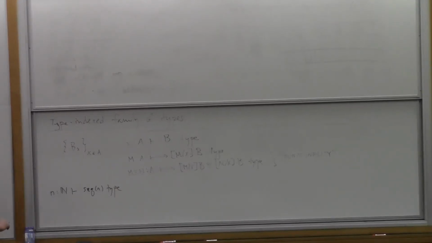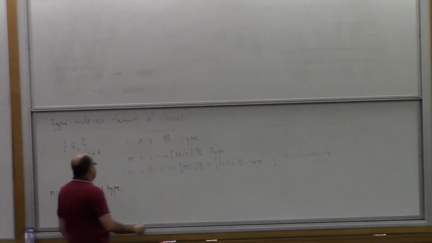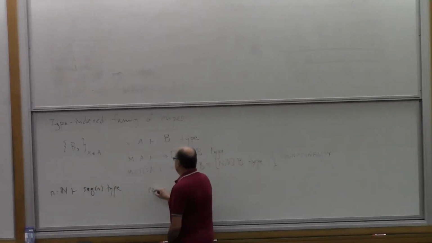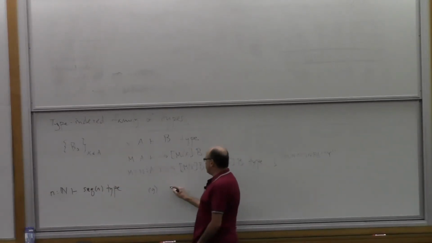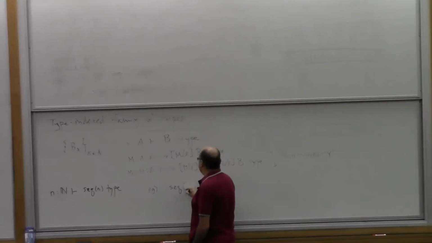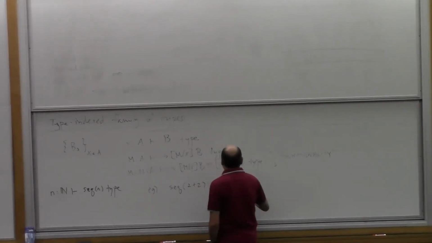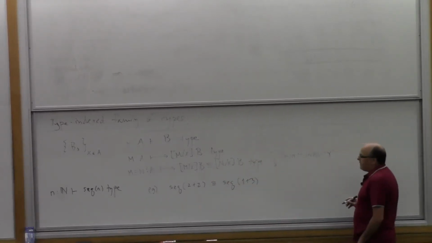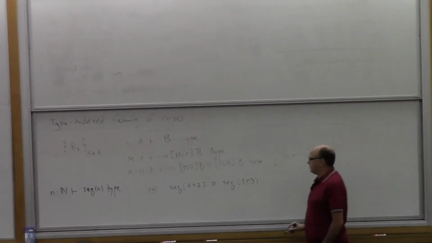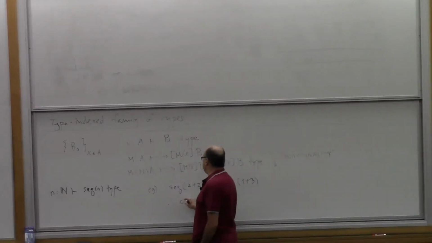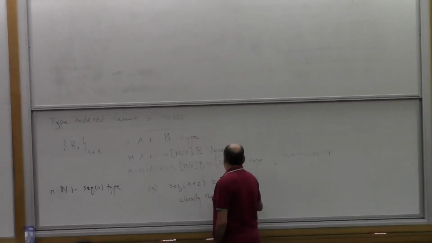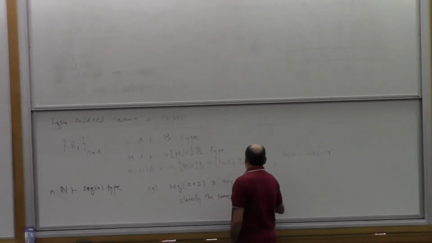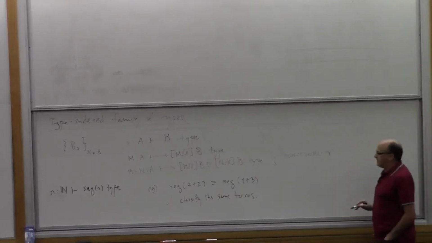So this might be a family of types. And so we're expecting, based on our preceding discussion, that we would say that the type of a sequence of length 2 plus 2 would be the same type as a sequence of length 1 plus 3. That would be the same. And in particular, they classify the same terms. So that's an example.